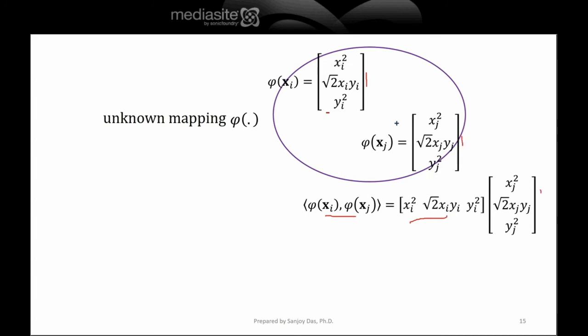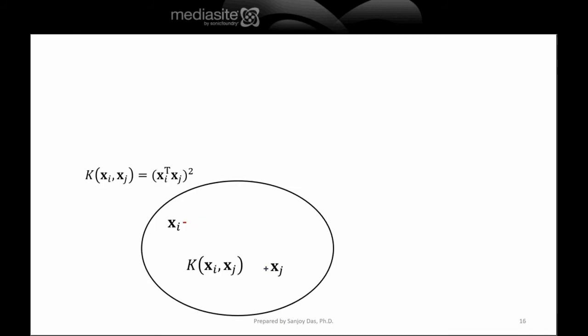And if we simplify it further, it gives us this expression, which is simply equal to (xi transpose xj) squared. So this is easy to compute. And we let our kernel function k(xi, xj) be simply equal to (xi transpose xj) squared.